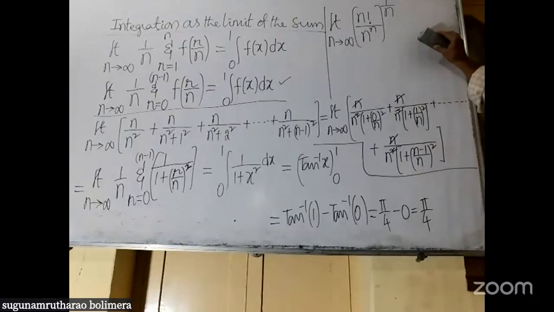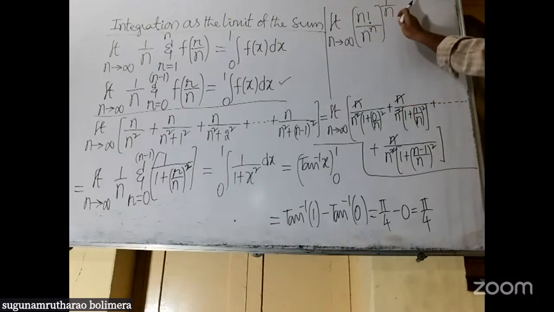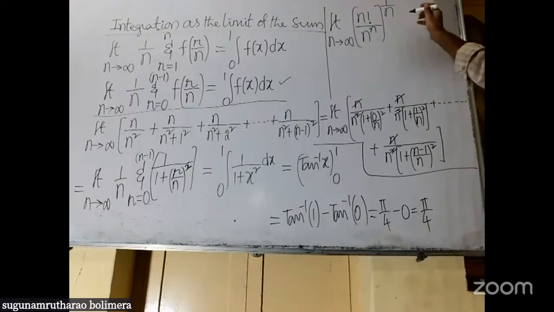I'm just removing this. So if you're getting some function whole power the same function of n, let us consider this as y.